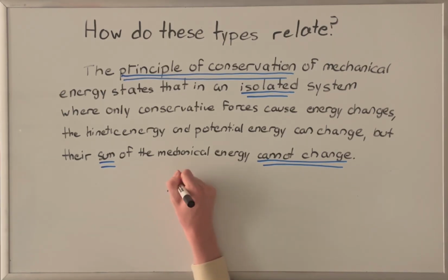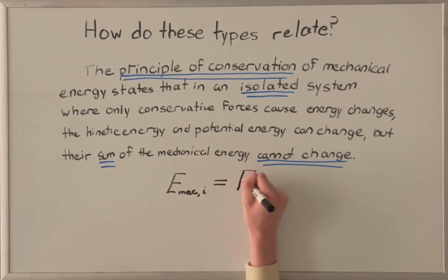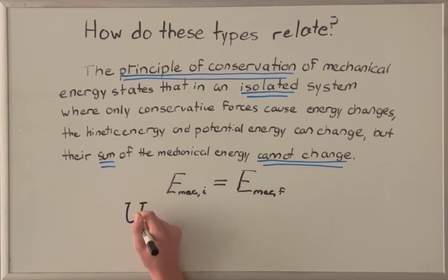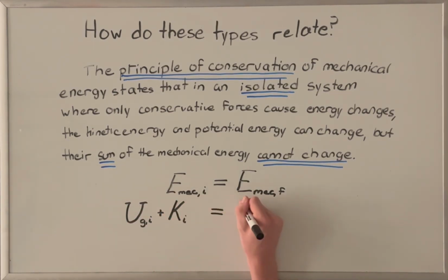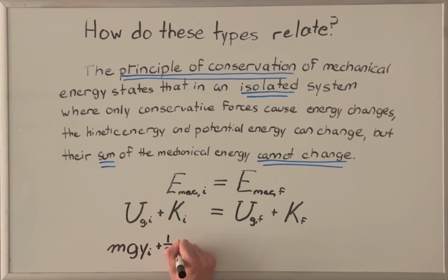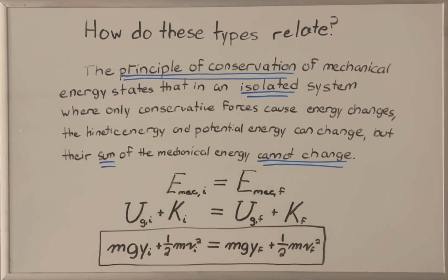So as you can see here, the mechanical energy initial and the final will be equivalent. If you break that down into gravitational and kinetic, you can simplify it, and then you can plug in those equations from the previous slide to get this equation for conservation of energy at any point.